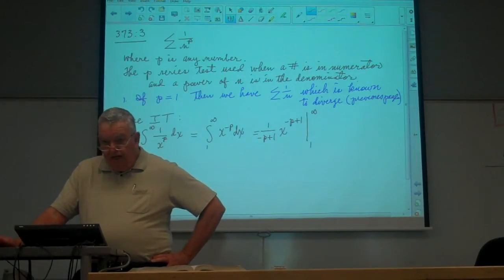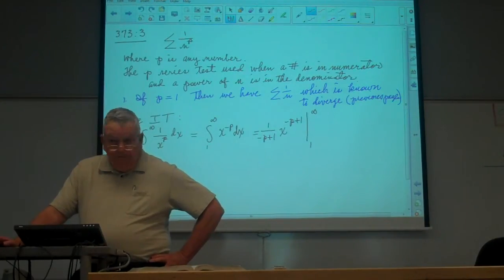Isn't that the first thing I taught you in integration? Add 1 to the exponent and divide by the new exponent? Everybody agree?